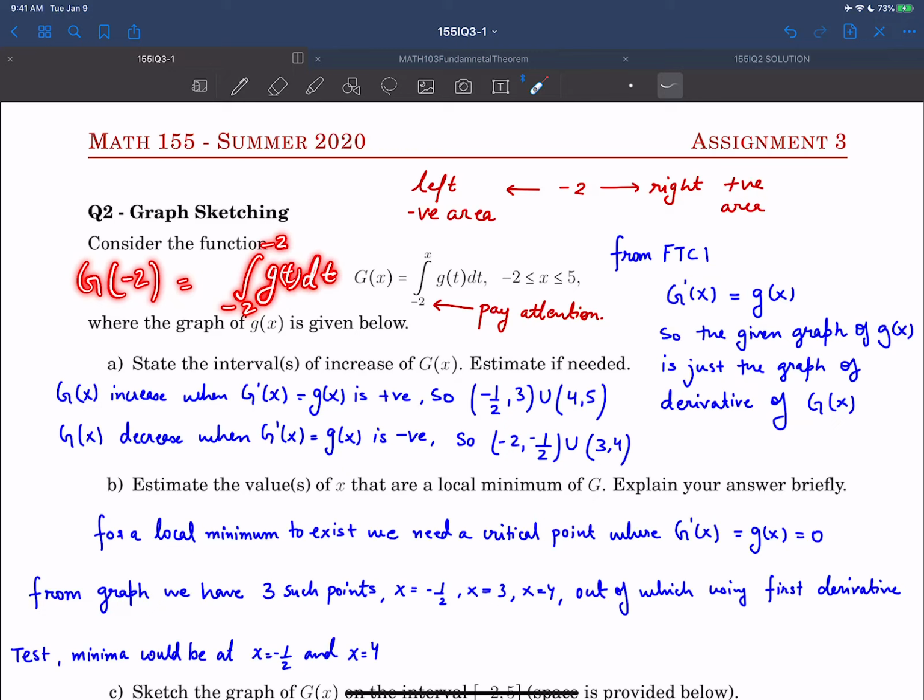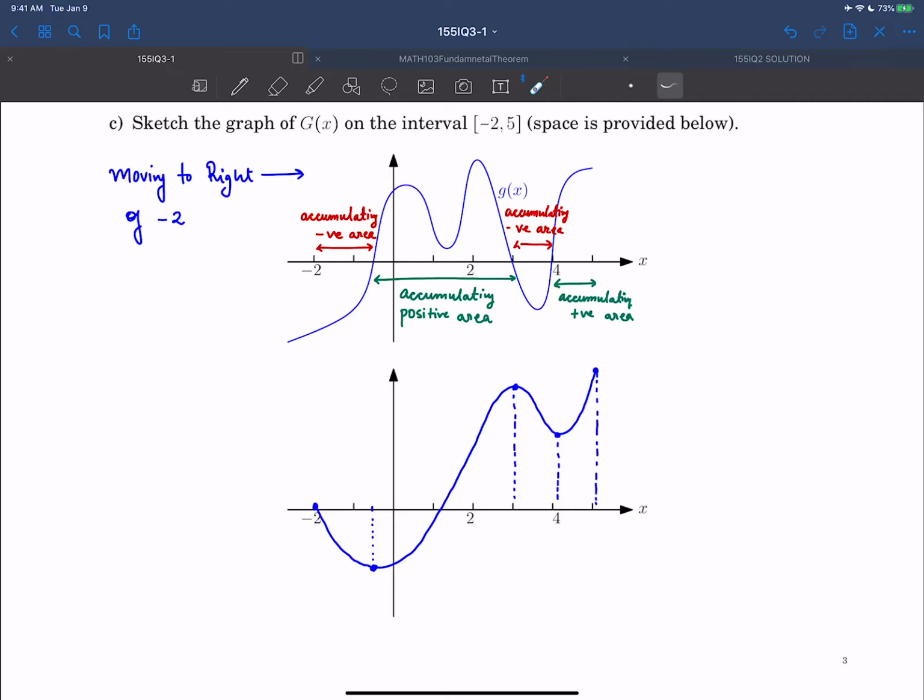Whenever you see this happening where the bottom bound and the top bound are equal, the definite integral will always spit out a 0. So the point on the curve, by definition, is that G of -2 is always going to be 0, in this case because you're starting at -2. We know the function's value at -2 is 0. That's the first piece we've got to figure out.